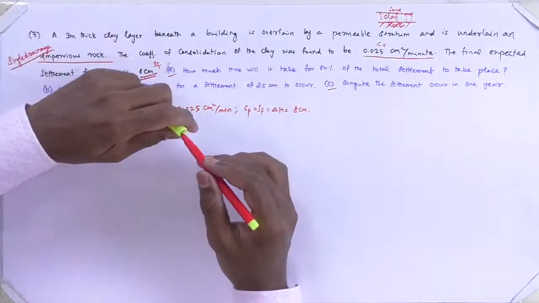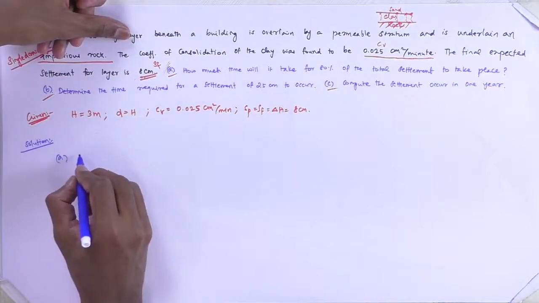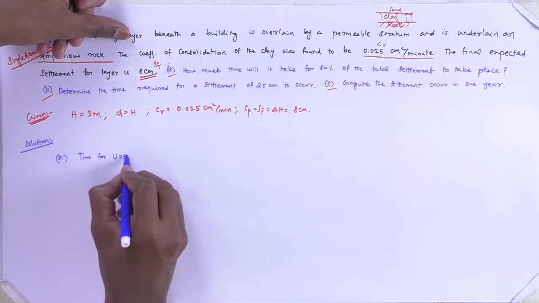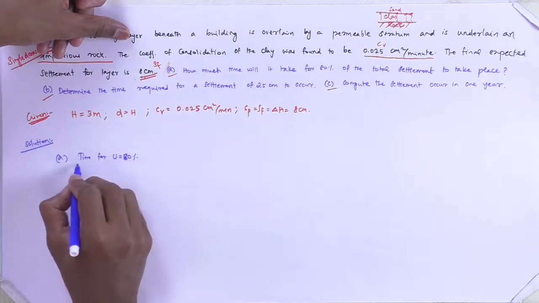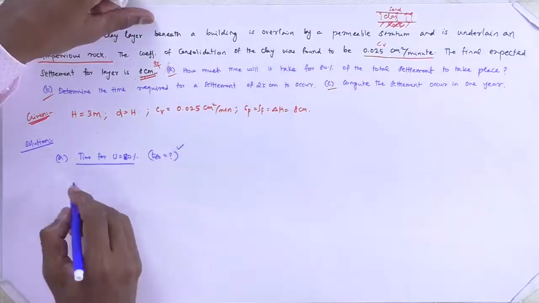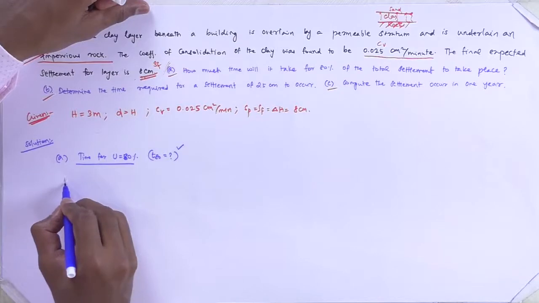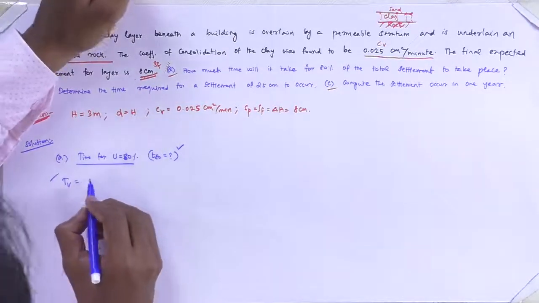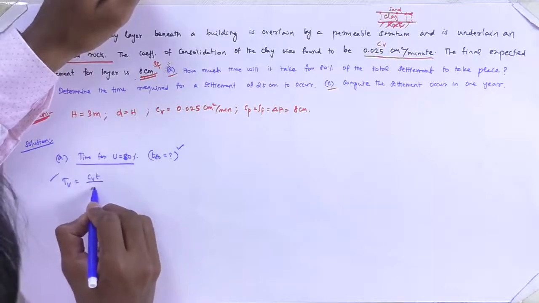Now coming to the solution: time for 80% of consolidation, shortly T80, how much? We can start with the same formula for all the time calculation problems: TV equals CV T divided by D square.